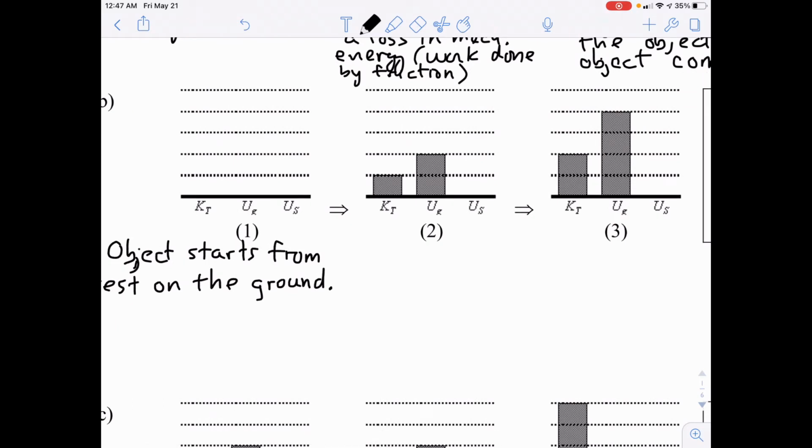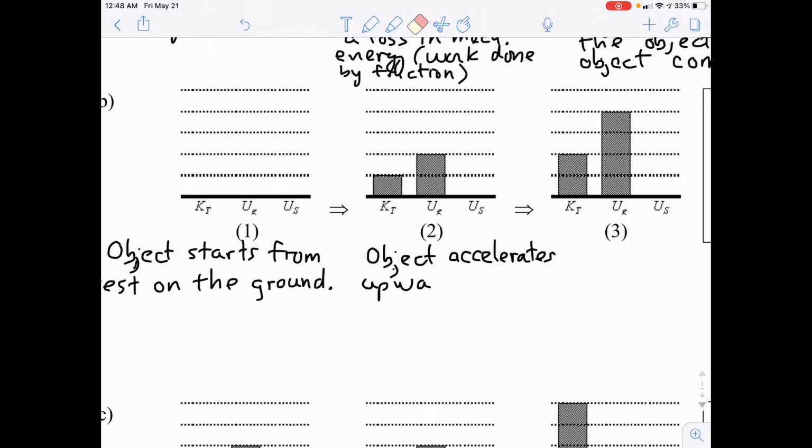Now you can see we have gained a little speed, a little kinetic energy, but we've also gained height in this process too. So the object accelerates upward.